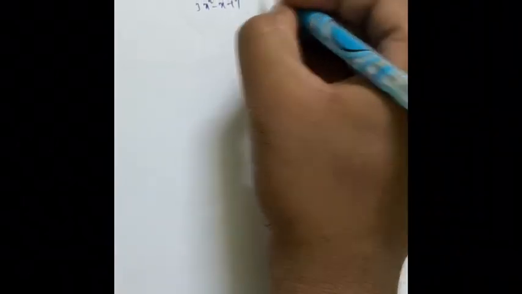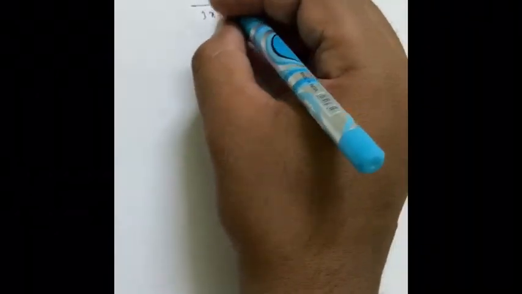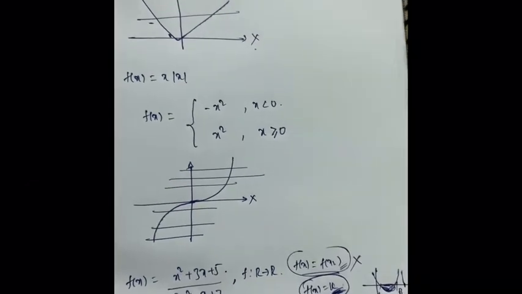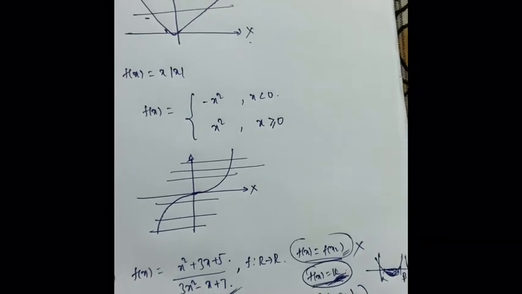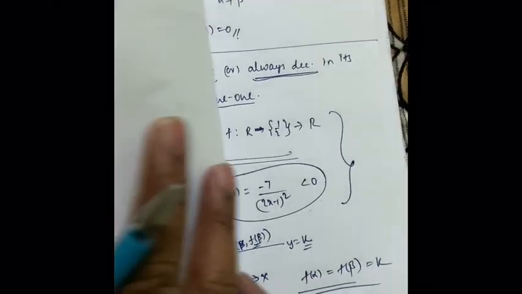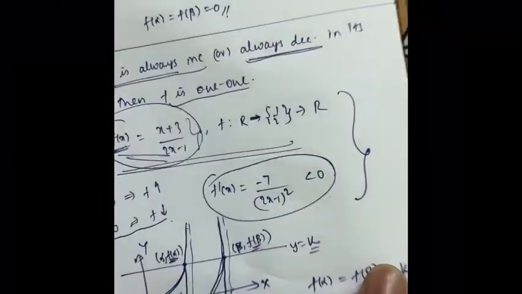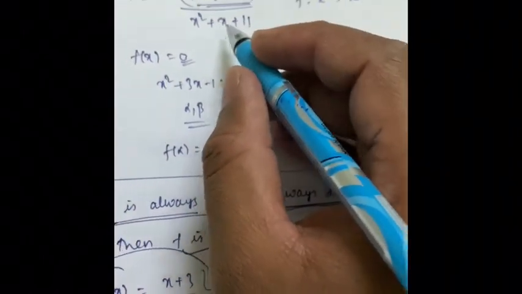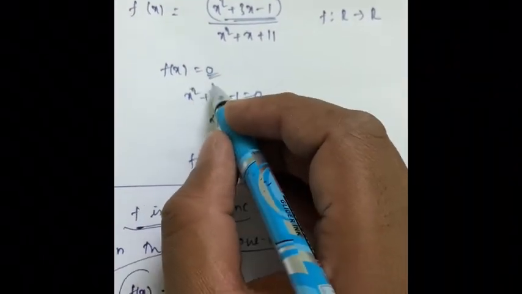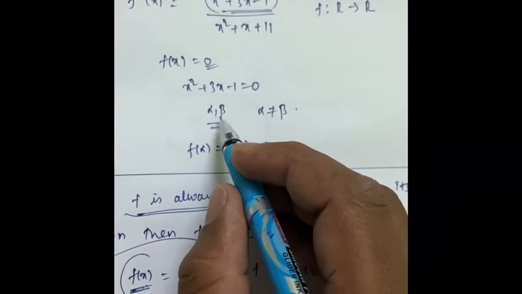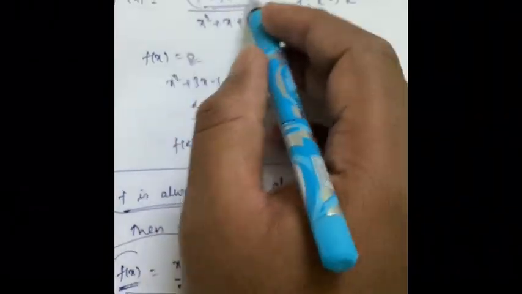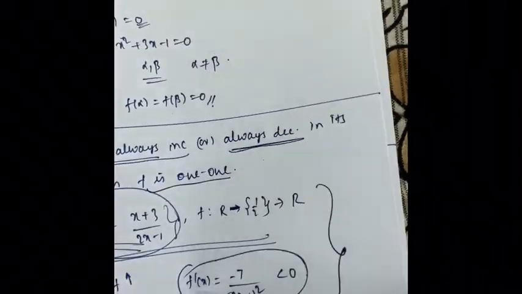So first thing is looking at this, if I equate it to 0, like in this question, we got two roots, right? Because numerator equal to 0 has two roots.